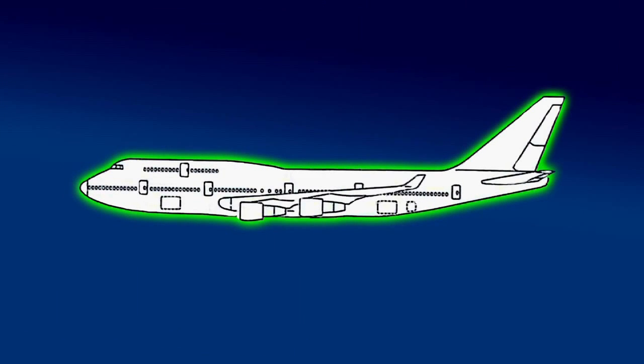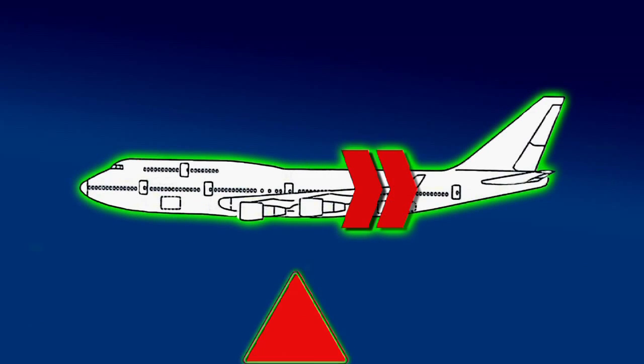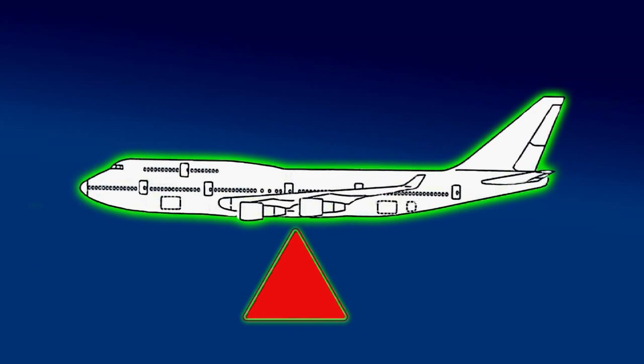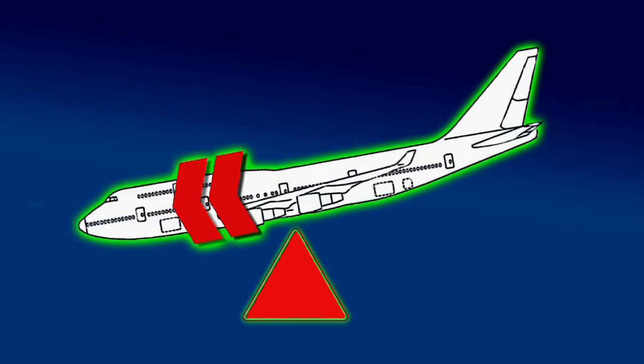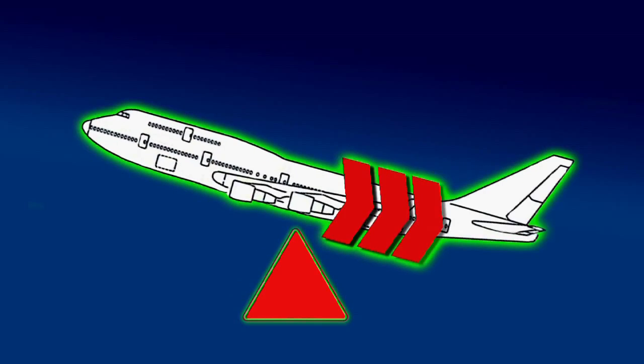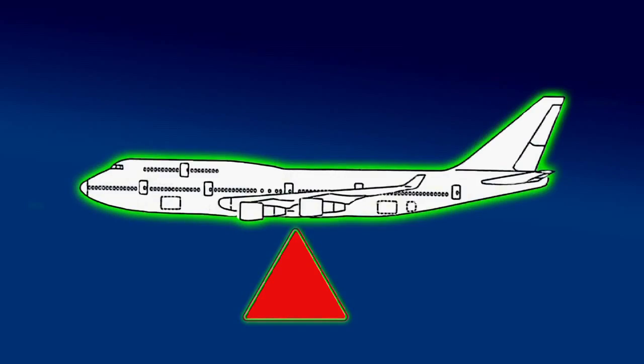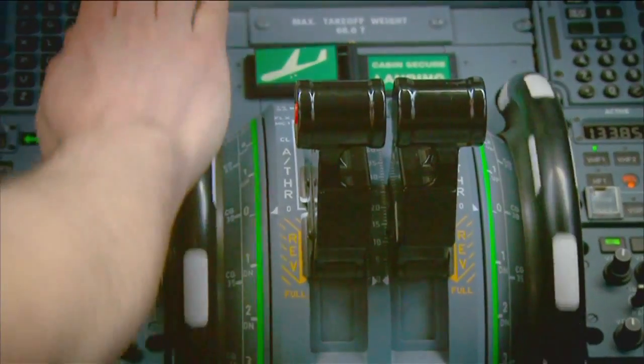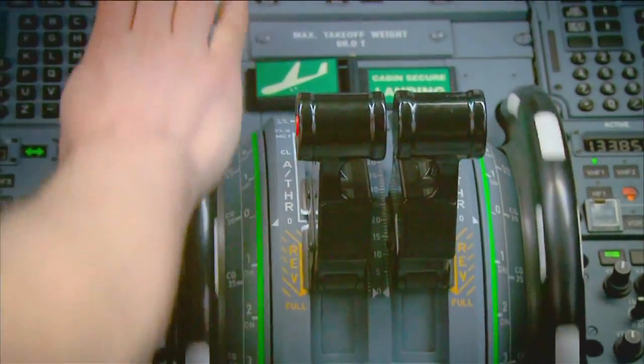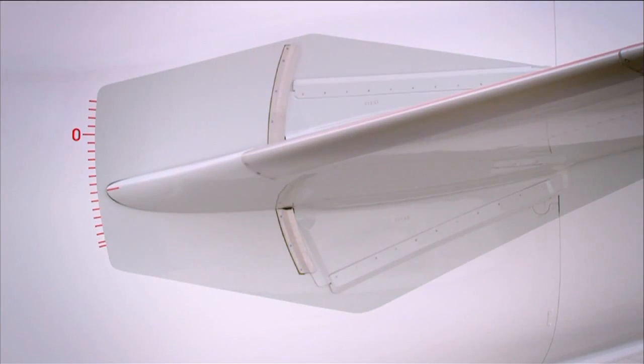To influence the position of the C of G, load is positioned forward and aft of a central balance point. Everything put forward of that point will move the C of G forward, and everything put aft will move it rearward. The final position of the C of G will determine the horizontal stabilizer trim setting.